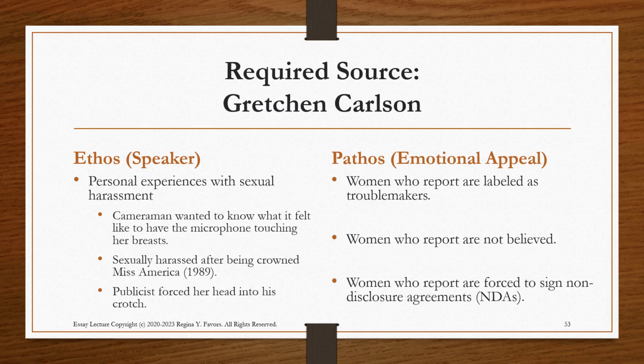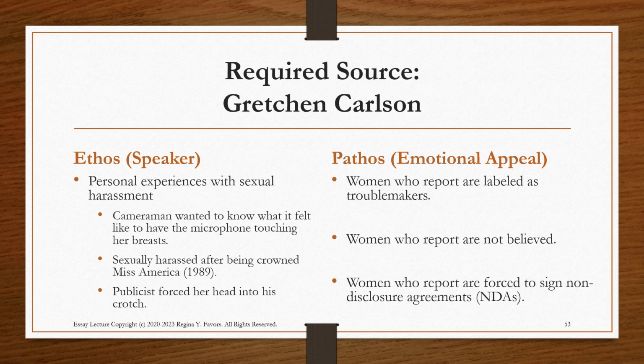So when we look at Gretchen Carlson, there was an issue with Gretchen Carlson in sexual harassment, right? And so we have Gretchen Carlson as an ethos or speaker, and we have also the appeal that she makes within the article, pathos. So Gretchen Carlson provides personal experiences with sexual harassment. So a cameraman wanted to know what it felt like to have the microphone touching her breast.